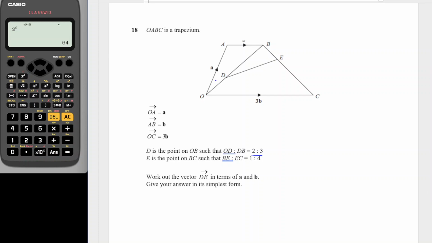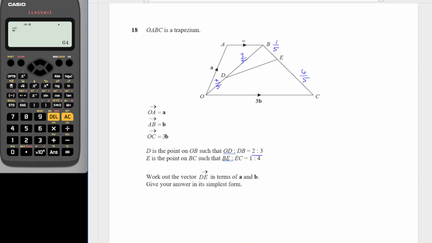So that means that that's 2/5 of the length, and that would be 3/5 of the length. And then we're told B to E and E to C is 1 to 4, so that's 1/5 of the length, and that is 4/5 of the length.